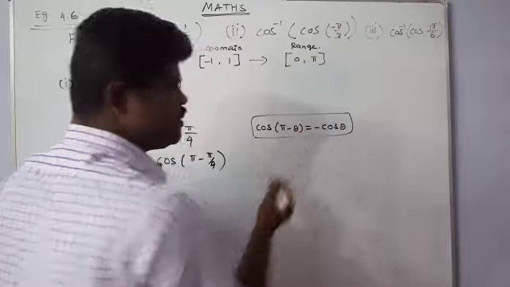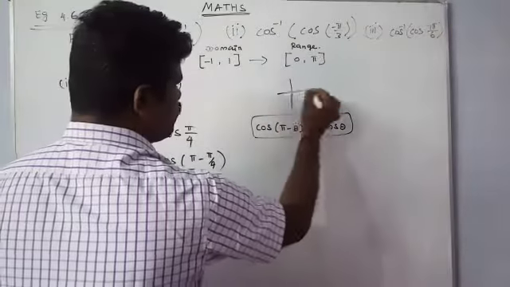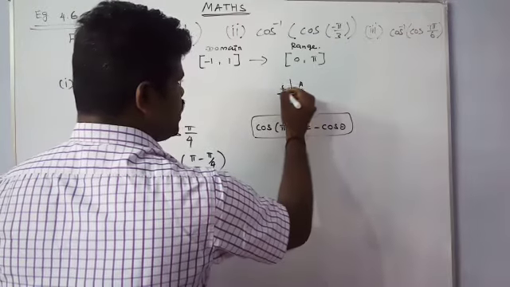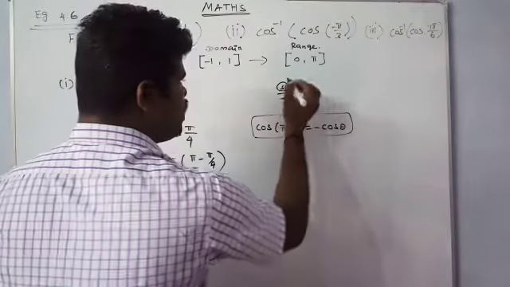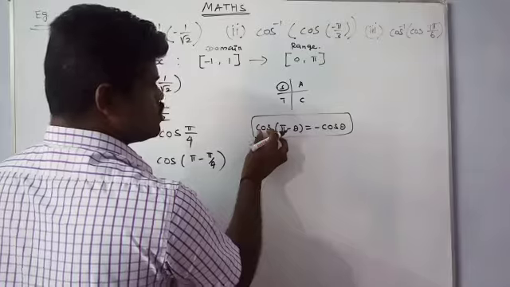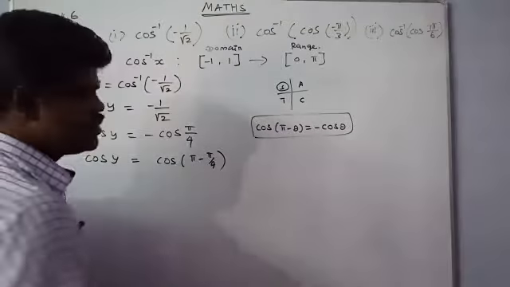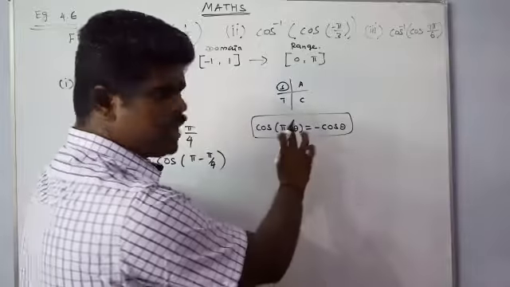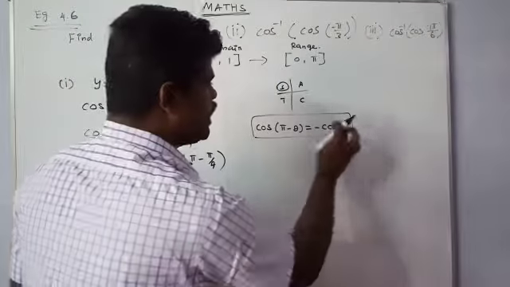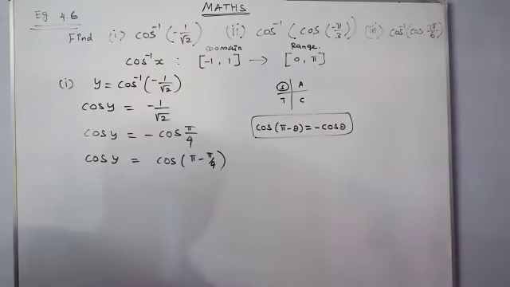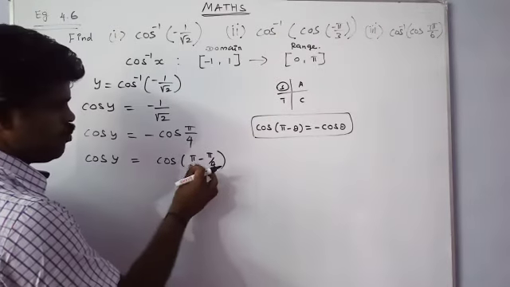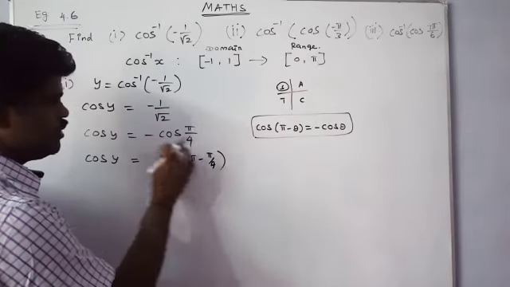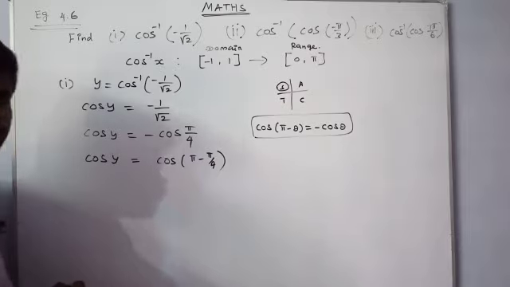This is cos 180 minus theta, the second quadrant, A S T C: here only sin is positive, cos will be negative. So this is the formula: cos of pi minus theta is equal to minus cos theta.